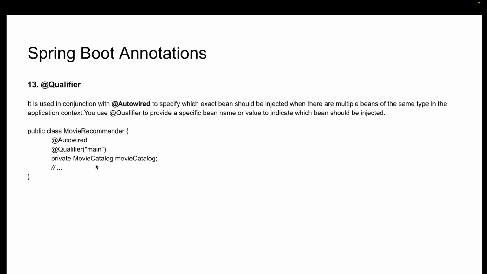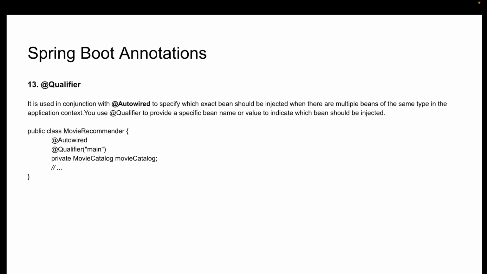So let's say you have a MovieCatalog class defined somewhere in your application, and you have two different MovieCatalog classes defined in your application. Let's say the name of one is MainMovieCatalog, and the name of the other is SecondaryMovieCatalog.